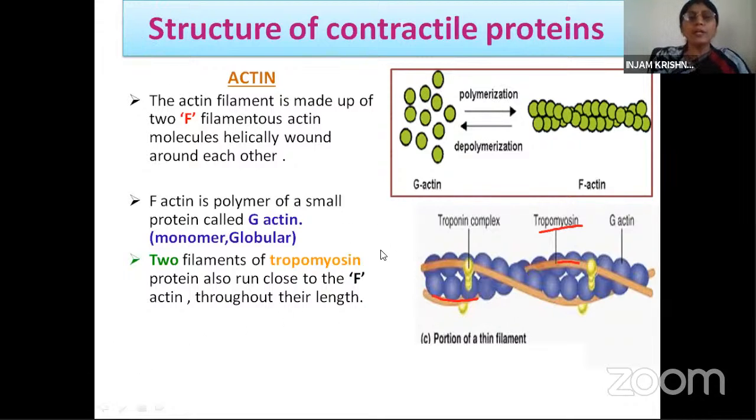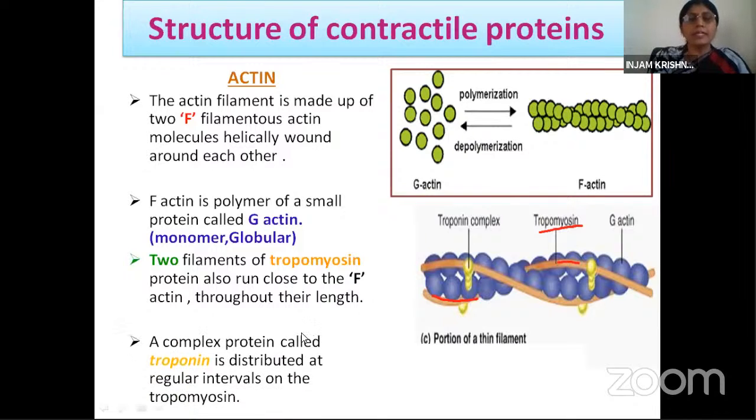Next, another protein is there, that is troponin. Troponin is a complex protein. It is not chain-like, as tropomyosin or F filamentous actin is. Complex means a group. This troponin is distributed at regular intervals on the tropomyosin.